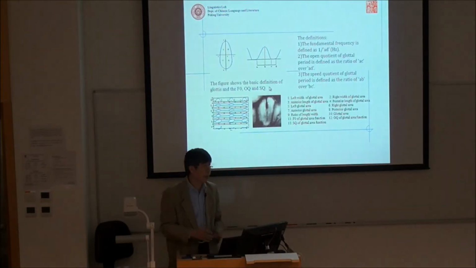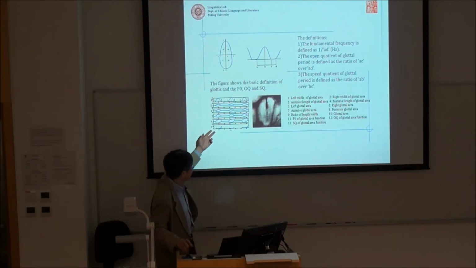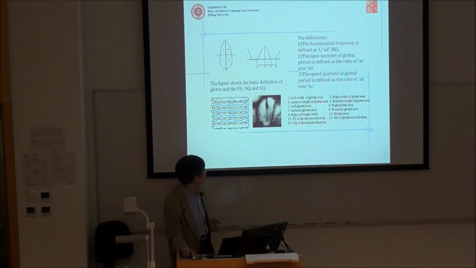After that, we have to give a definition. By using this definition we extract the parameters of the dynamic glottis. Here we mainly give 13 parameters that are very useful.